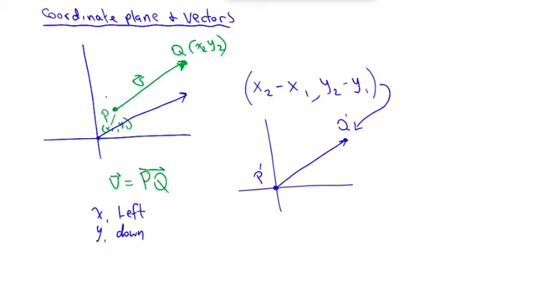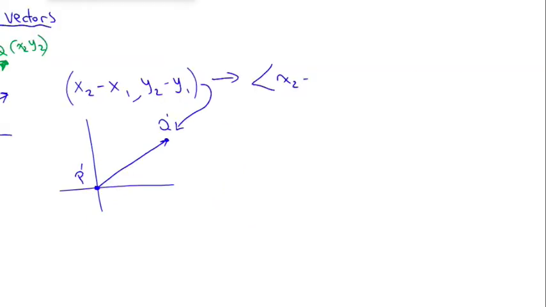So in vector language, we can consider this, that's just a coordinate. To demonstrate that this is a vector stopping at this coordinate and starting at the origin, we're going to write it this way. And that becomes our vector.